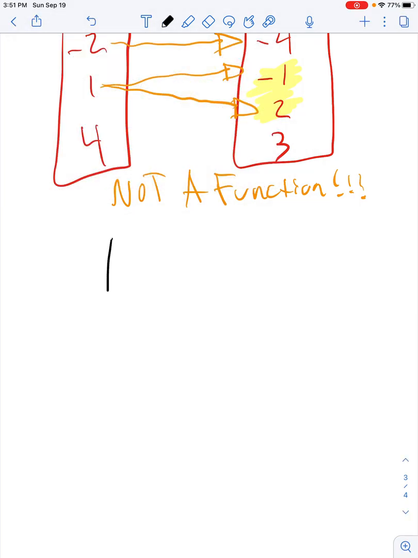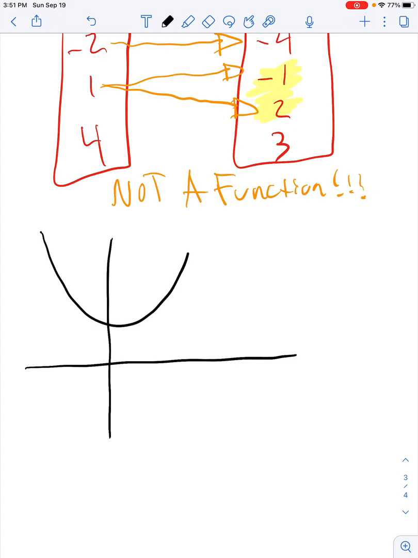Another way we can test if things are functions or not is through the vertical line test. So I'm just going to draw a normal parabola, something like this. And the vertical line test is like if you took your pencil and you held it vertically and you just moved it, I should only come in contact with my graph one time every time.